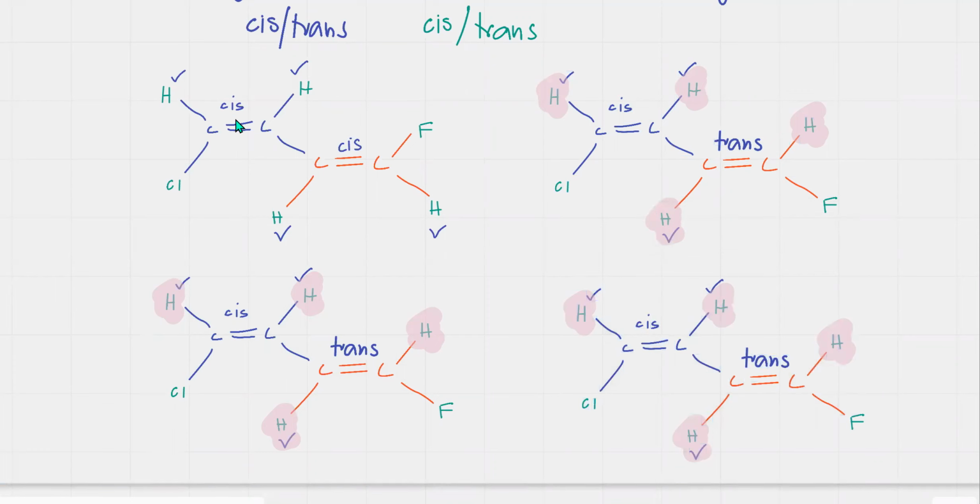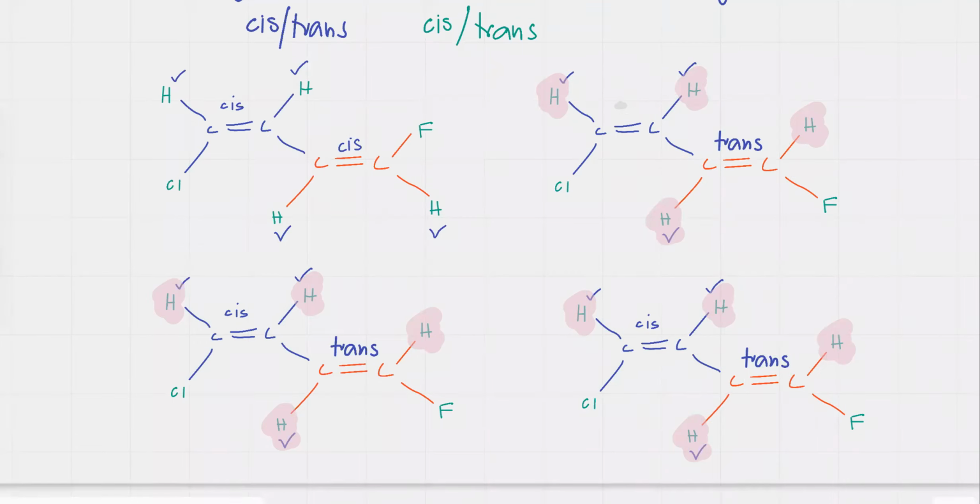So I have a cis version, I have a cis trans version. I can have the first one as trans and the second one as cis. So we can just alter this. This one can be trans, and this one over here can be cis. Now, if I have to do that, I would have to switch these sides.